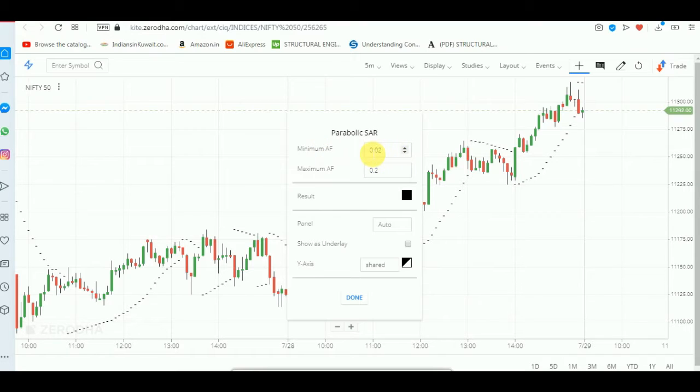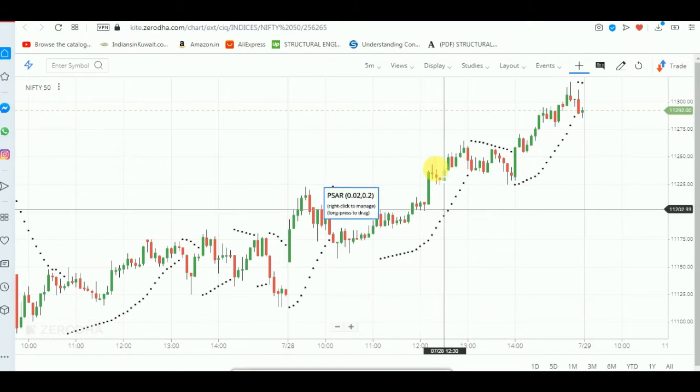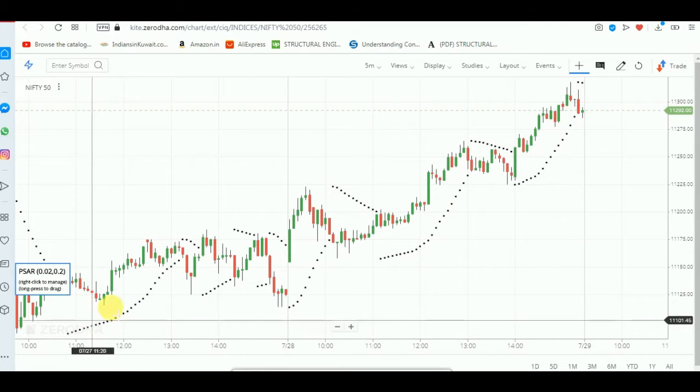The minimum AF has the minimum value, and the maximum AF, that is the maximum acceleration factor, will have the maximum value in terms of number. Automatically it is preset as 0.02 for the minimum AF and 0.2 for the maximum AF, right?